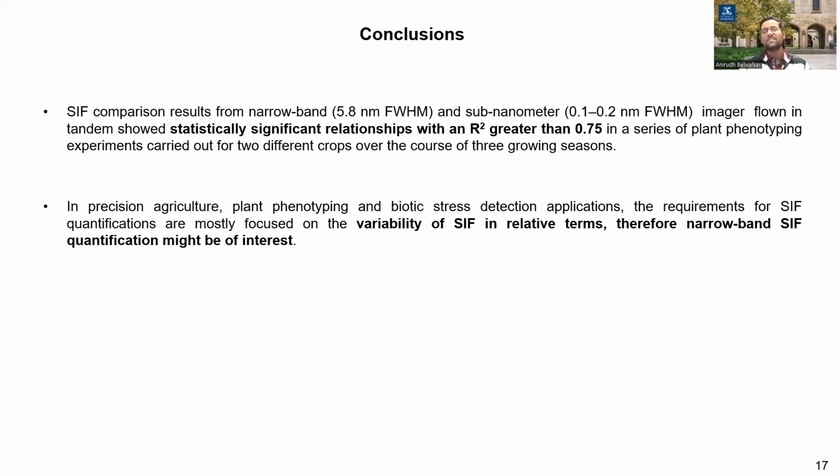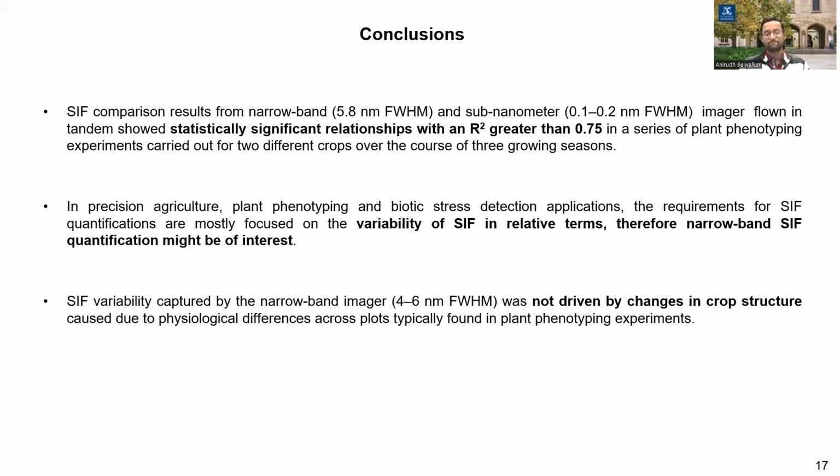In precision agriculture, plant phenotyping and plant physiology monitoring experiments, the focus is on assessment of relative SIF variability across the experimental field. For such applications, narrowband SIF might be of interest. The SIF variability was not affected by the changes in the crop structure, but was due to subtle changes in the plant physiology.